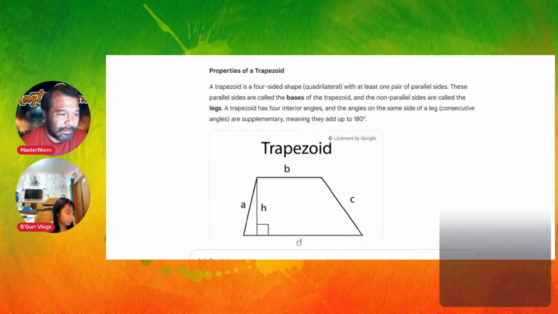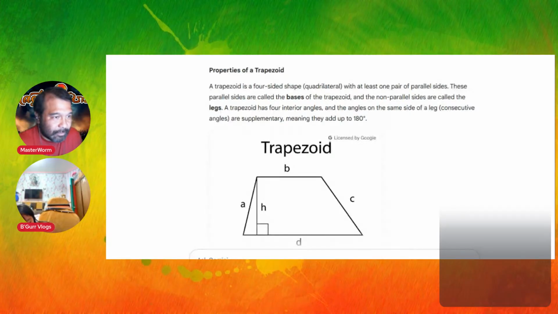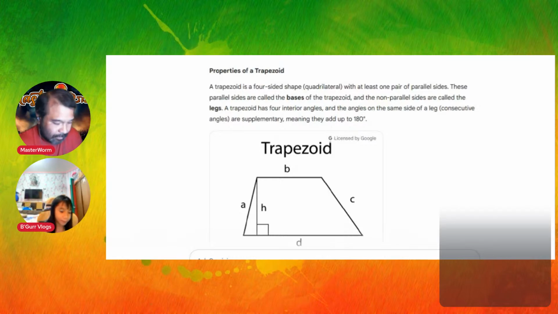Okay, let's finish this one na because Daddy also needs to proceed to the next. The answer here is trapezoid.